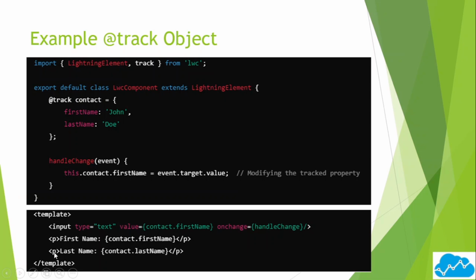Then again in the paragraph tag, last name, contact.lastName, we are binding here, closing the paragraph tag as well as the template tag. So when we are dealing with an object, in that case we have to decorate the property with the @track decorator, in the case when we are going with one field.